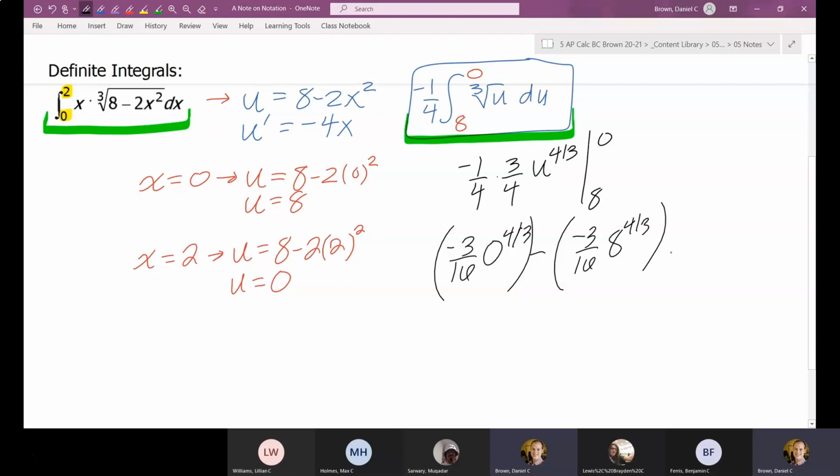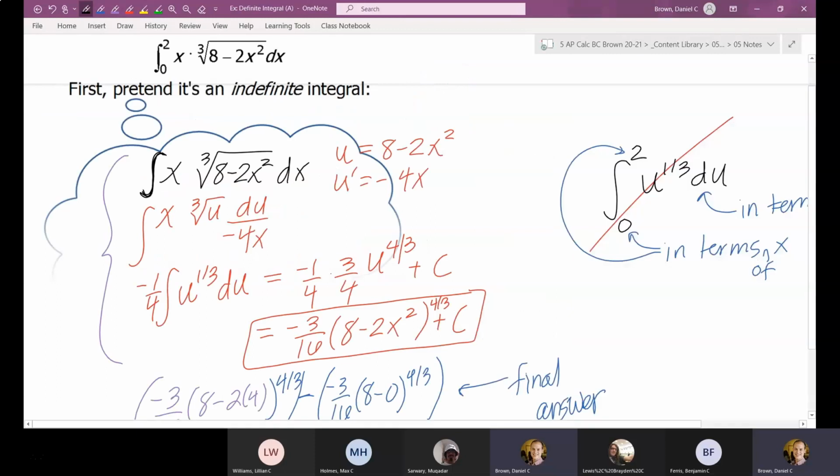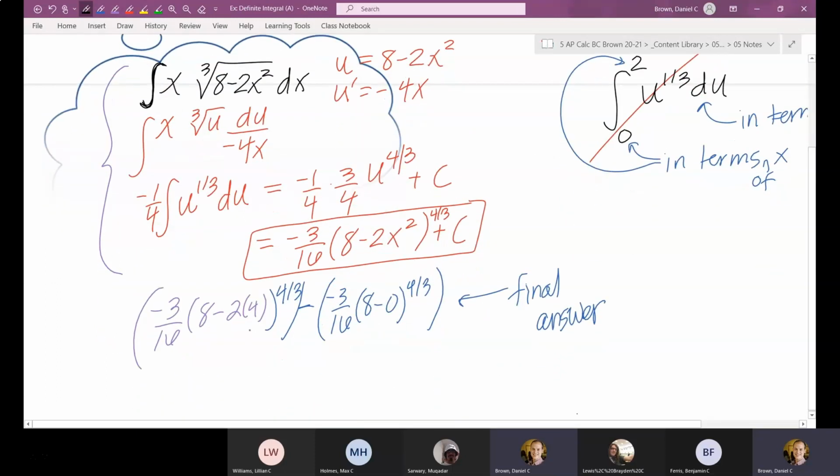So you can also evaluate definite integrals in terms of u. And if you compare them, this answer is literally the same answer you would have gotten if you did it this way. Here is the 0, and then there's the 8. So you get the same answer, two ways to work it out.